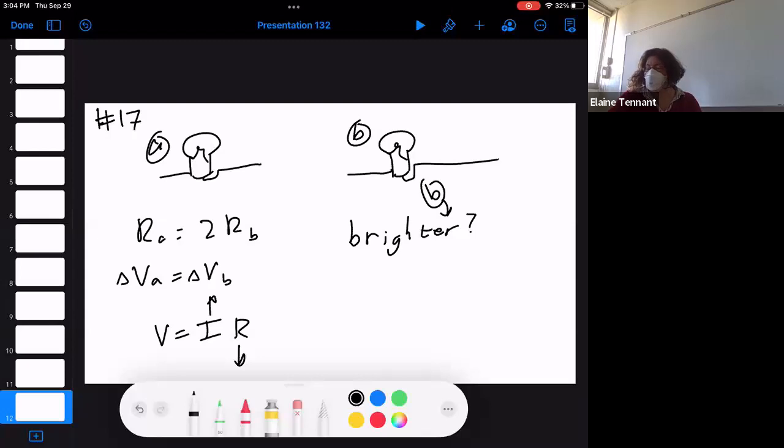Make sense? You can also run it through a power equation where power equals V squared over R. And so if they have the same voltage, the one with the lower resistance will be giving off more power in terms of lights.